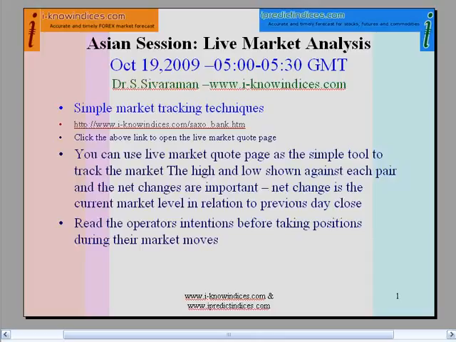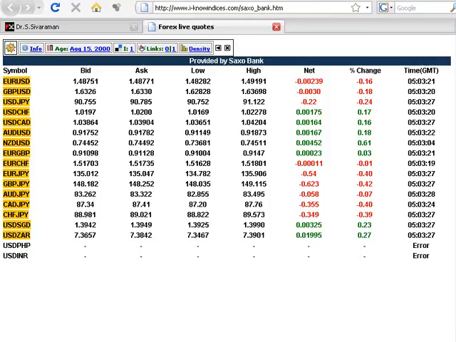Then subsequently you find that their intention is revealed. You find the net change in the case of Euro is about 23 pips negative, in the case of GBP about 30 pips negative, and also in the case of USDJPY about 22 pips negative.